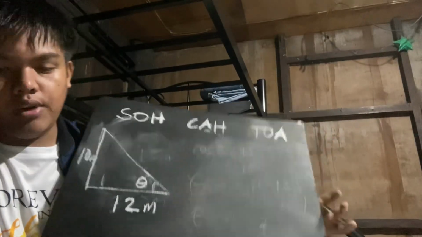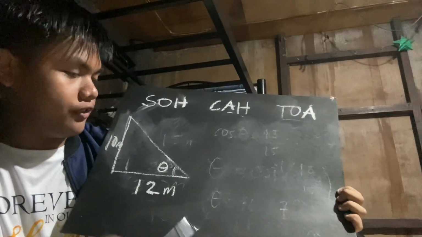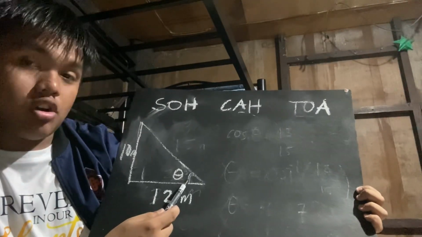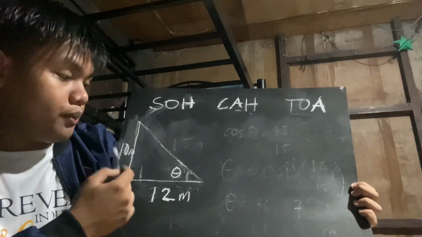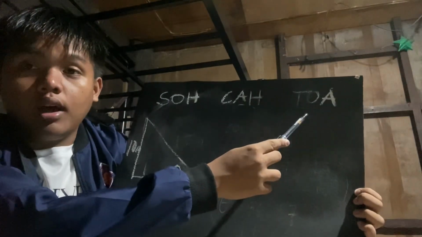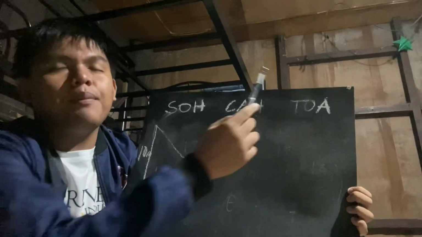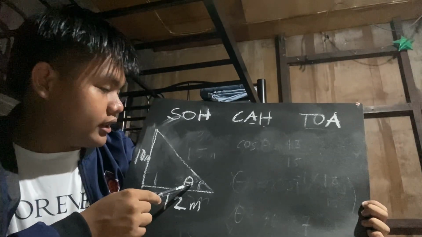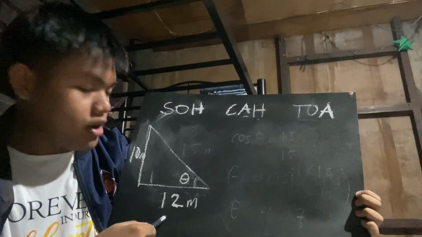Now, we have another example of finding the angle of the right triangle. This is the angle, the adjacent of this angle is 12 and the opposite is 10. So we have opposite and adjacent. As you observe, we can use TOA, because TOA is opposite over adjacent. The opposite of this angle is 10 and the adjacent of the angle is 12.